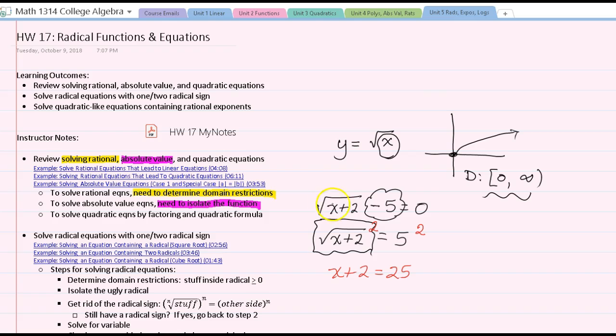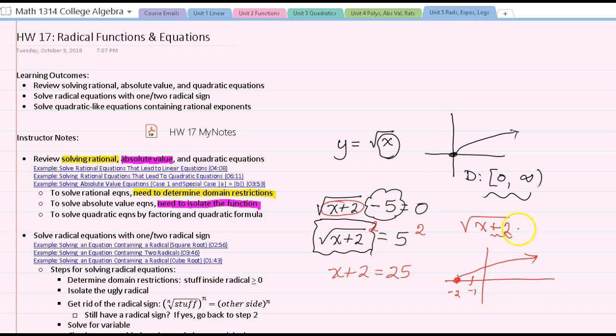Now remember that the square root of x plus 2 is a transformation that shifts the graph 2 to the left, so it actually starts here. So we can have a -1 or a -2 as an answer, but we could not have -5, let's say.